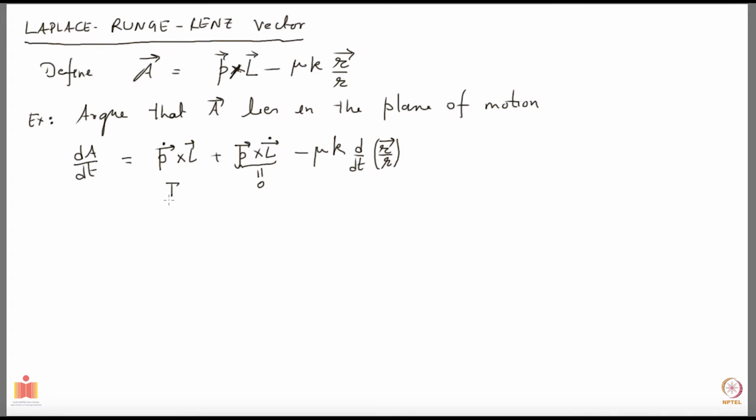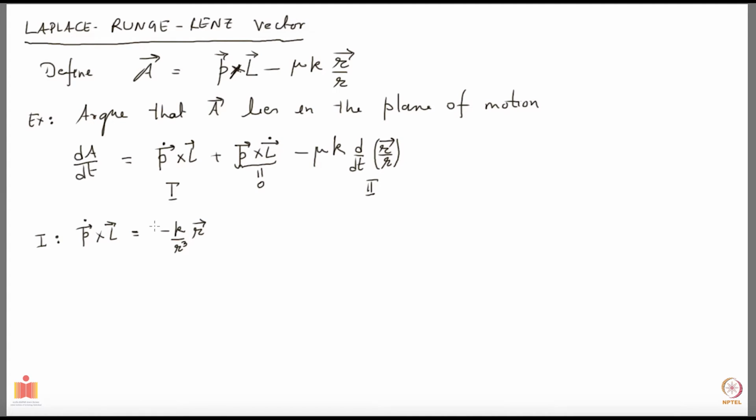Let us now look at these two terms, 1 and 2. Term 1 is the following. I have P dot cross L. Now P dot is the force. The rate of change of momentum is force, and our force is minus k over r squared in the radial direction, which I will write as minus k over r cubed times r vector, so it goes as 1 over r squared and the direction is captured correctly.